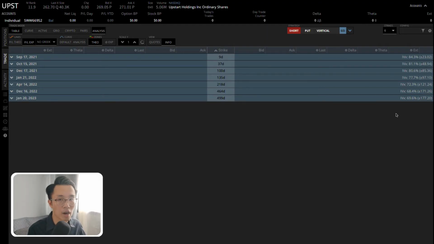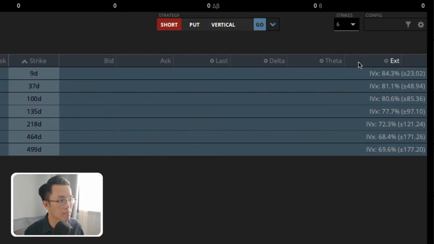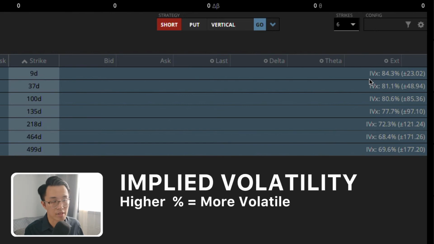So where in the options chain can we see the volatility? If you look over onto this side of the option chain, you will see some of these numbers. So what do they mean? IVX is basically the implied volatility of the option. The higher this percentage number, the more volatile the option.